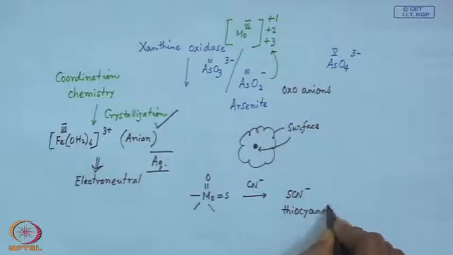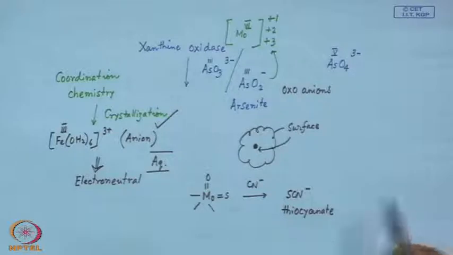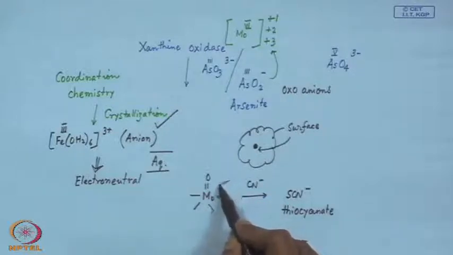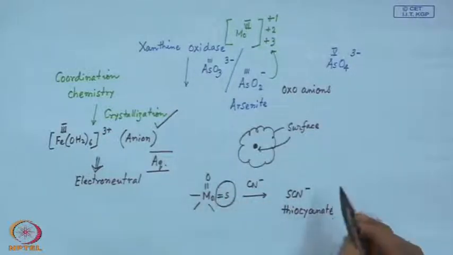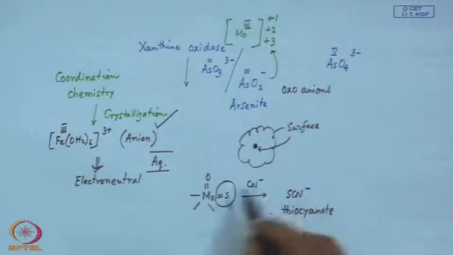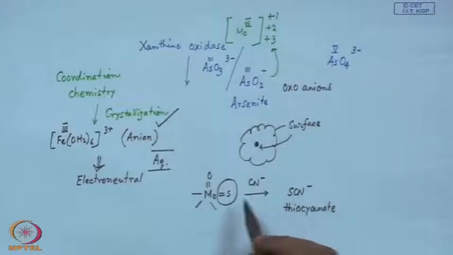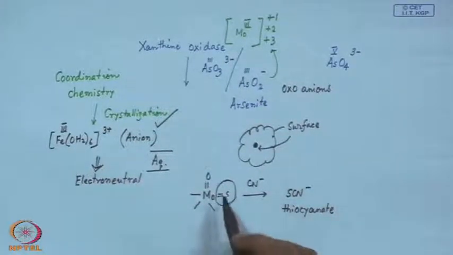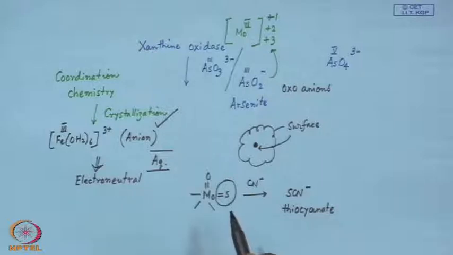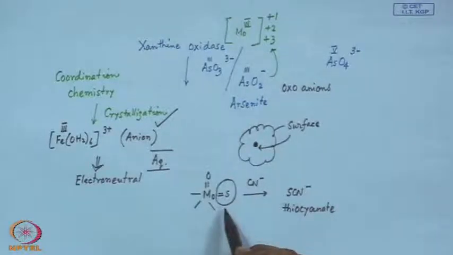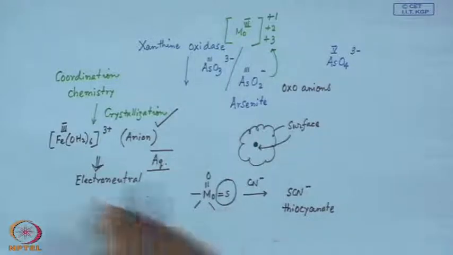So, thiocyanate is removed, which basically removes this sulfur function from the molybdenum, and when the molybdenum site is deactivated through the removal of thiocyanate, we see that the corresponding catalytic activity also changes. That reduction in catalytic activity tells us that the presence of this sulfur was important for the action of xanthine oxidase.